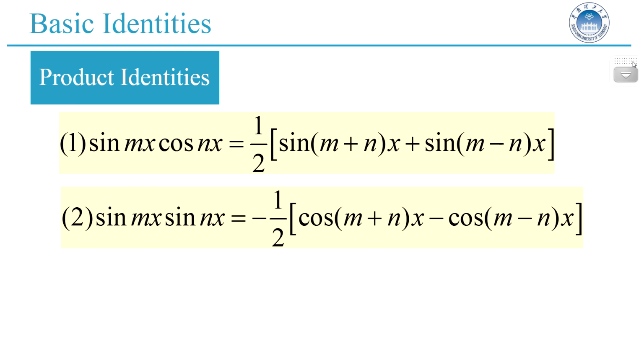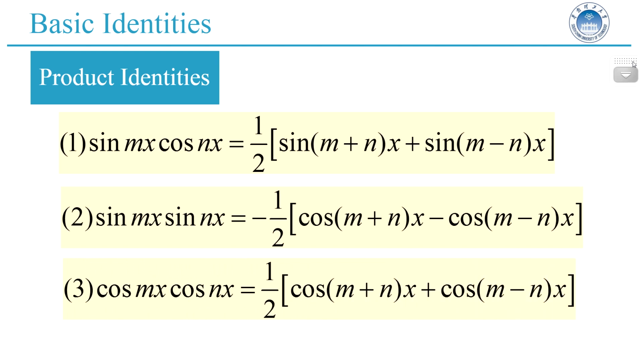Second, sin mx times sin nx equals minus half bracket cosine (m plus n)x minus cosine (m minus n)x. And then, yes, the product of cosine mx times cosine nx equals half times bracket cosine (m plus n)x plus cosine (m minus n)x. Try to remember.